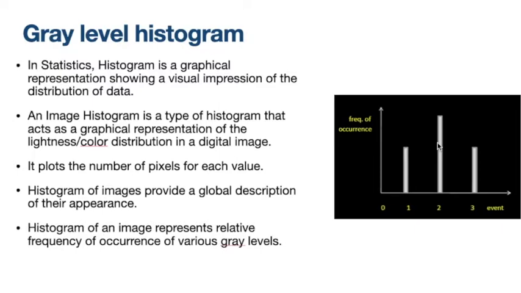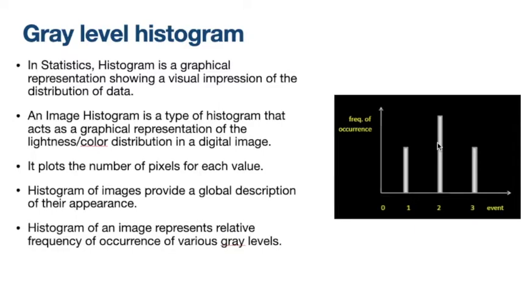That is, here we are going to represent an image graphically, and the data represented is the color distribution or the intensity of light in an image. It plots the number of pixels for each gray level in an image.